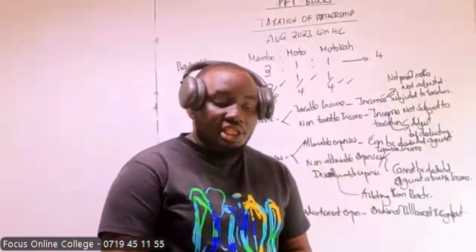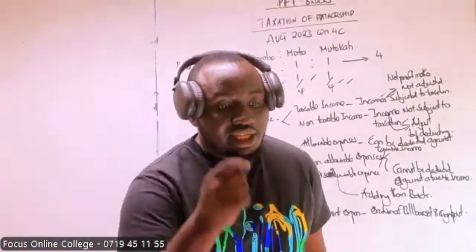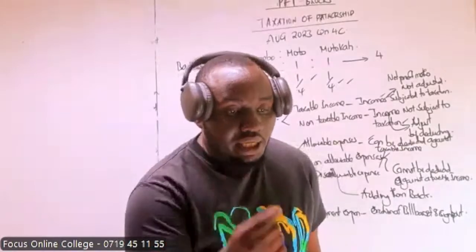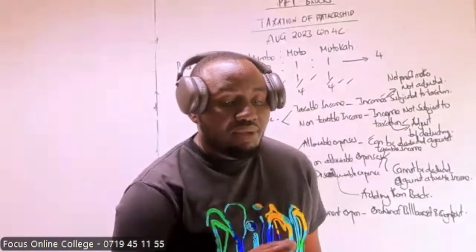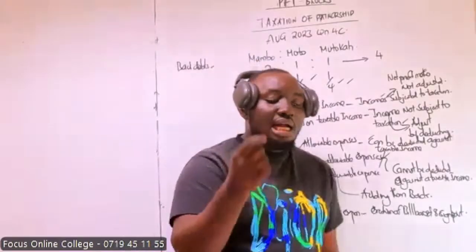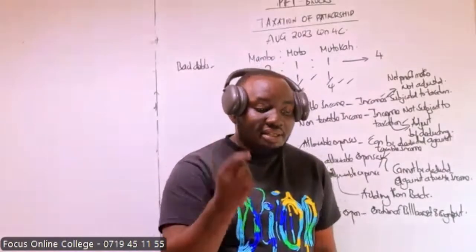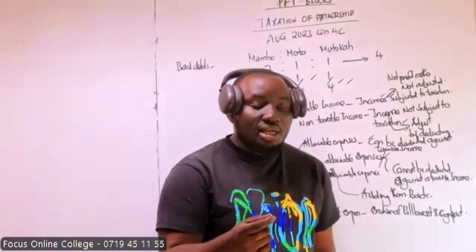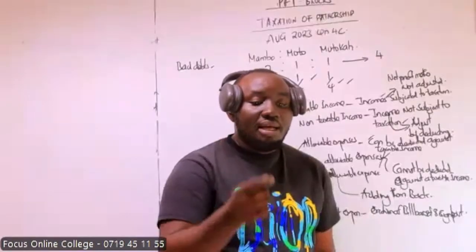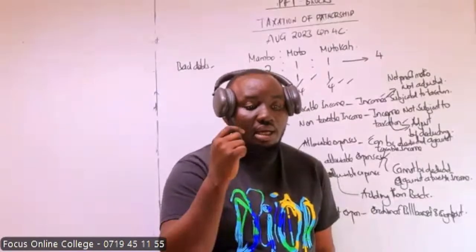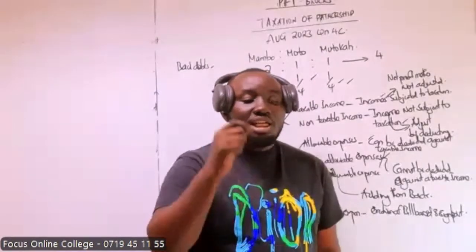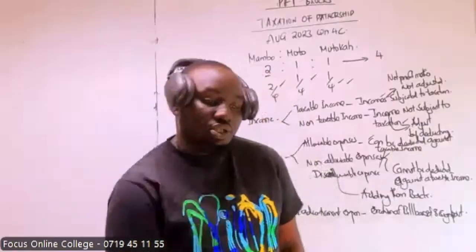We say that in taxation, if it relates to a fixed asset, then that should be non-allowable. If you have a budget that relates to a fixed asset, because that's not a revenue item, it's a capital item, then that should be a non-allowable expense.